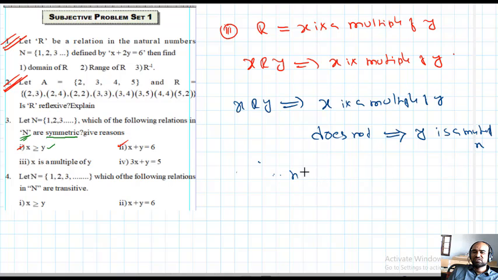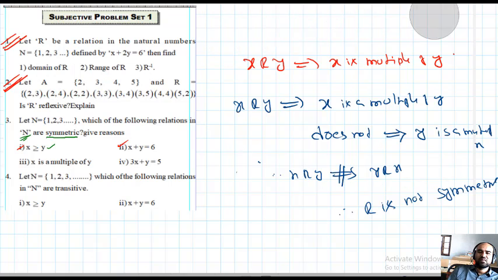That is, x related to y doesn't imply y related to x. Therefore, R is not symmetric.